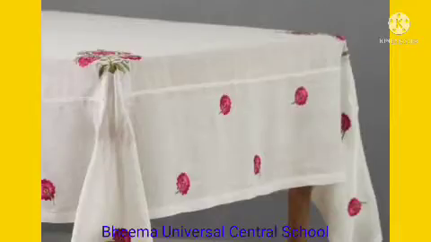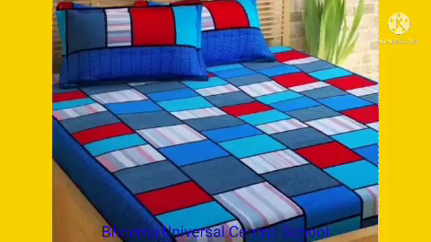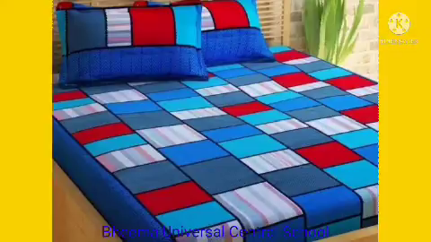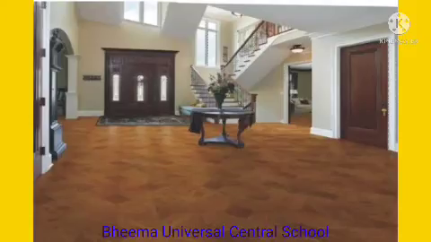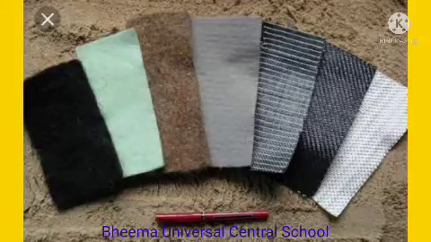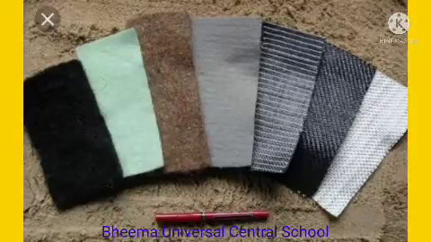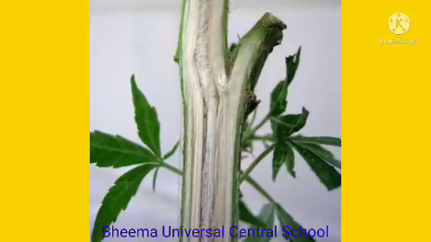Uses are tablecloth, bed linen, curtain, now used in floor covering, geotextile and the automotive industry. Next one is hemp. Hemp fibers are obtained from the bark of the hemp plant.